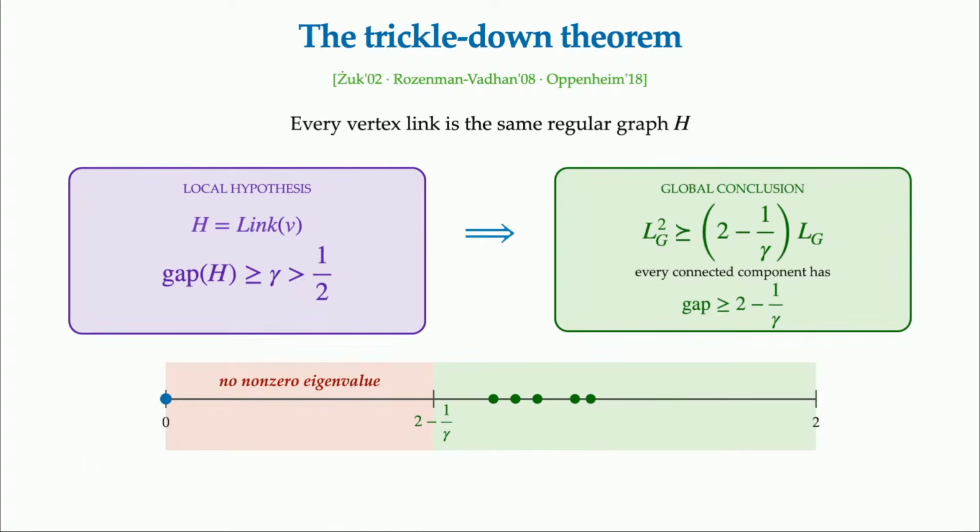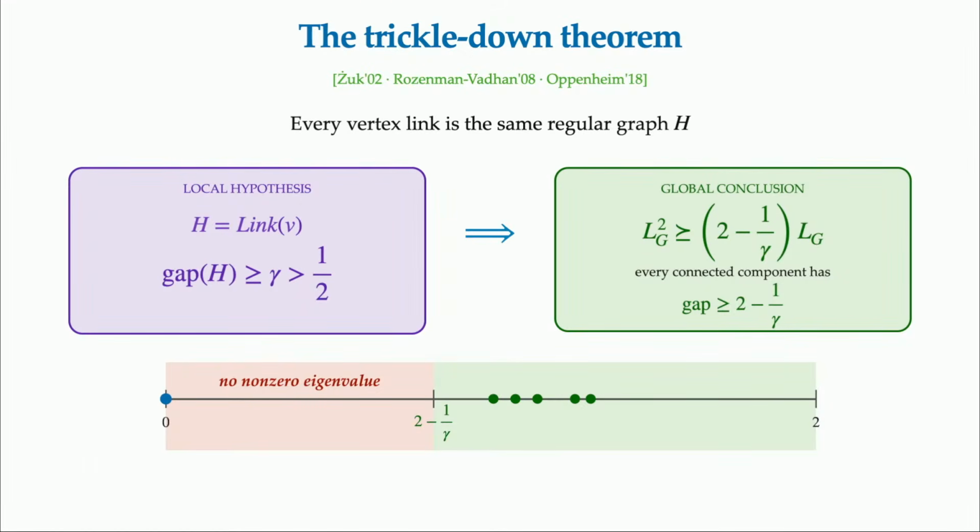Basically, it says that if you have a graph such that every link, that is, for every vertex, I look at the neighbors and look at the induced subgraph, if the link is a pretty good expander, that is, if its spectral gap is larger than a half, then it actually lets me conclude that every connected component of the full global graph has some amount of expansion. And you can make this more precisely quantitative too.